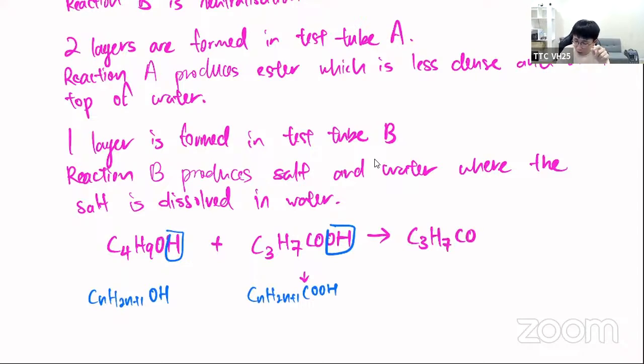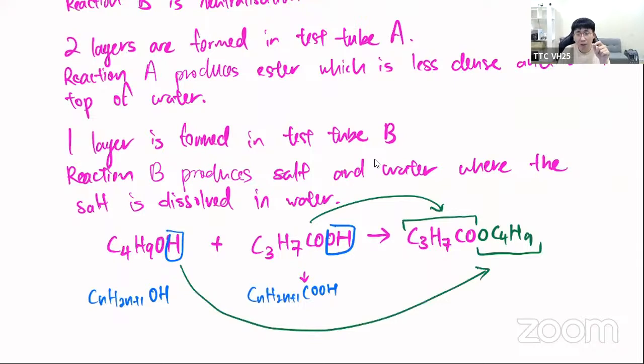Then I combine with the OC4H9. So you see this part is from here, and this part is from here. And don't forget, you remove water, so H2O. The good thing about the equation for esterification is you don't have to balance it, because you are just taking in, putting out. Overall number doesn't change.